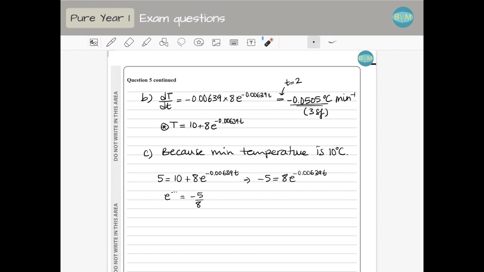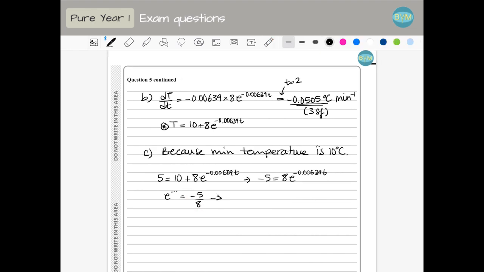Because if we try to take logs, we cannot take the log of a negative number. So it's not possible. Either way, you don't have to justify both ways. You can just explain that the minimum temperature is 10 because of the model, or you can try to make the temperature 5 and see that it's not possible to find the time. And that's all with this question.